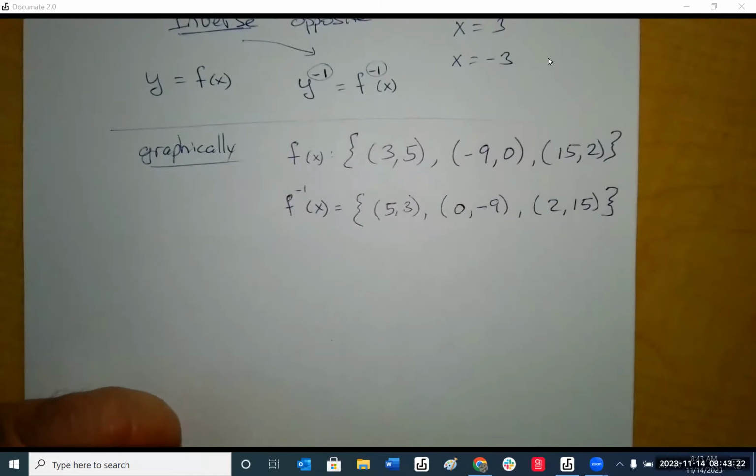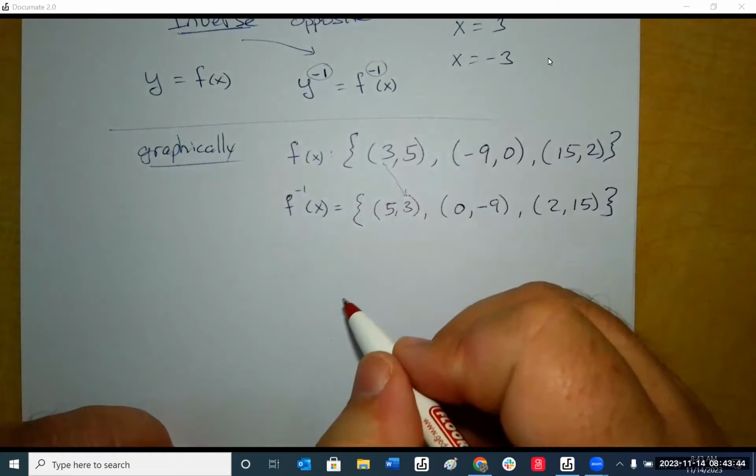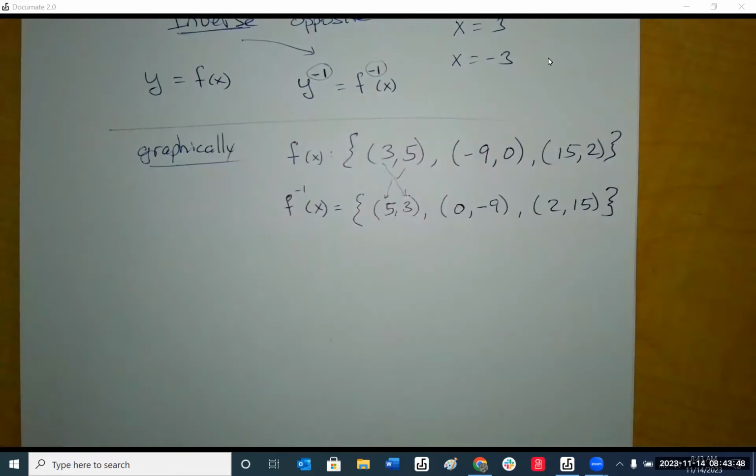So what happens on inverses? Look at the first line, look at the second line, look at each point separately. What do you notice? Switch, yeah. The x of the original becomes the y of the inverse. The y of the original becomes the x.